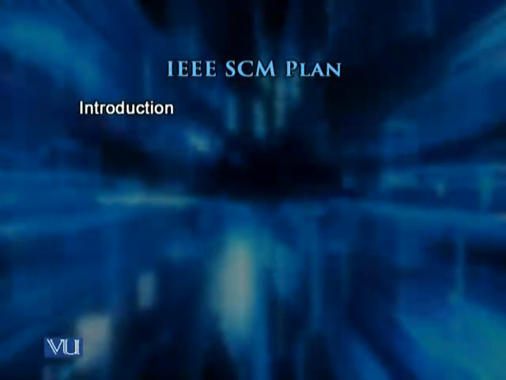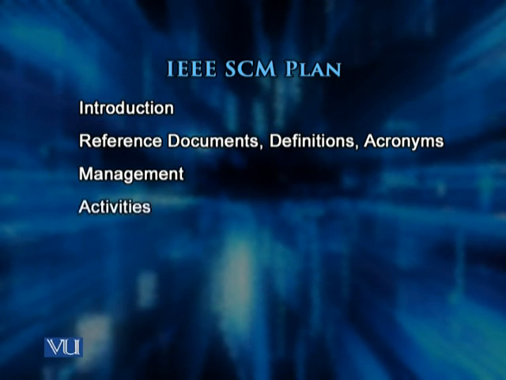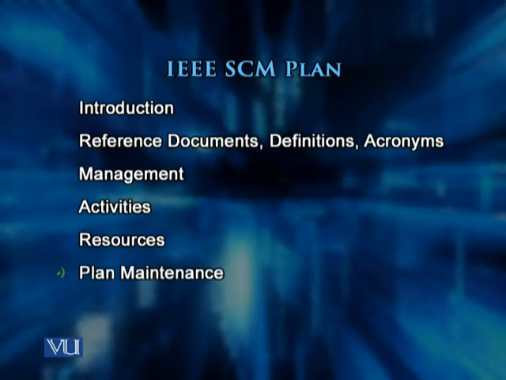The second section is reference documents, definitions, and acronyms. The third section is titled management. The fourth section is titled activities. The fifth section is resources. Then we have plan maintenance, and finally plan approval.